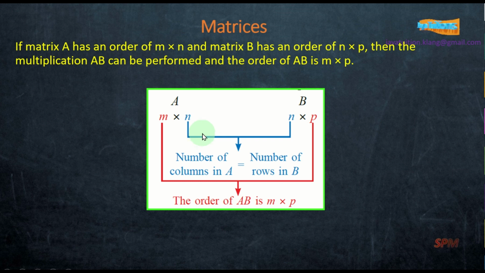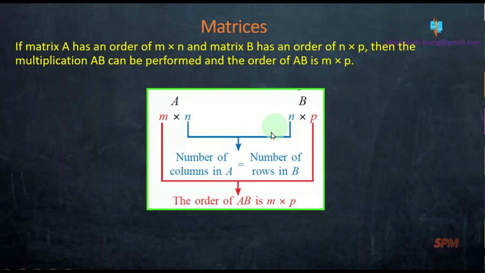If you see over here, the number of columns of the first matrix should be equal to the number of rows of the second matrix. A is multiplied with B. The number of columns of A should be equal to the number of rows of B. Then and only then you can multiply.